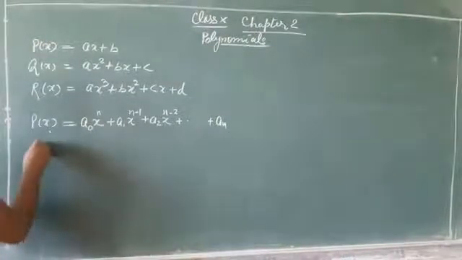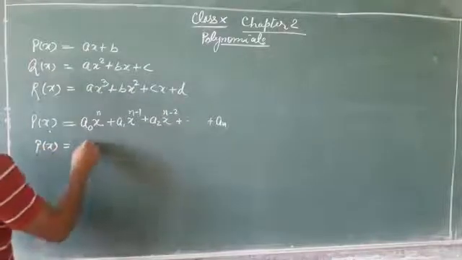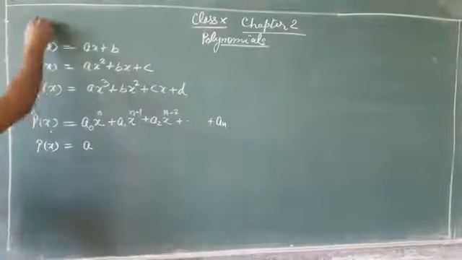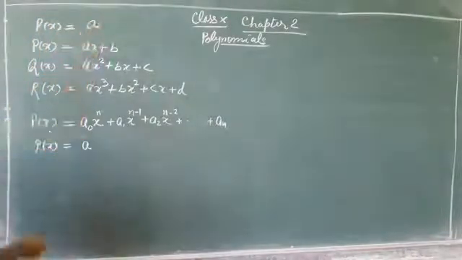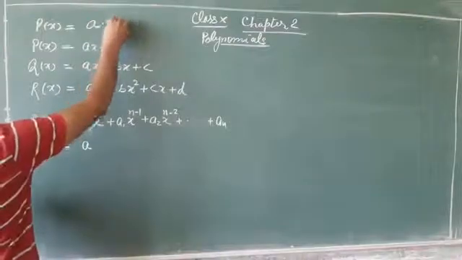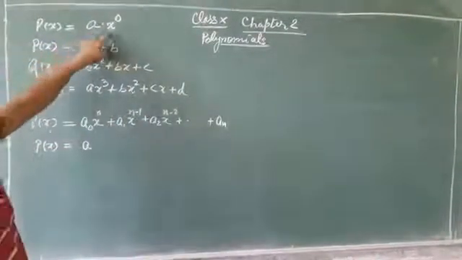In one more polynomial, suppose that p of x is equal to a. We can write it as p of x is equal to a, only a, which means a into x to the power 0.